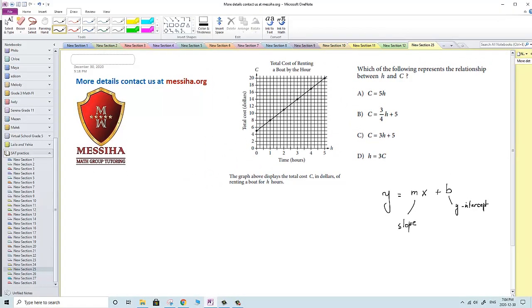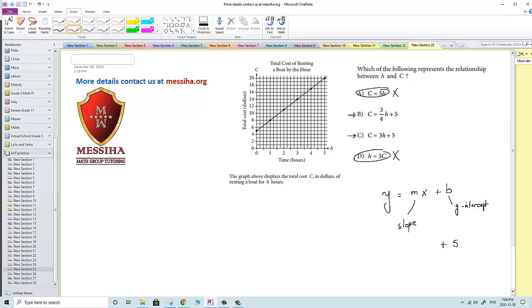So the y-intercept here is the C-intercept, and we know it already. This is 5, so I need something plus 5. So that means this one is refused. This one is refused. I am between B and C.